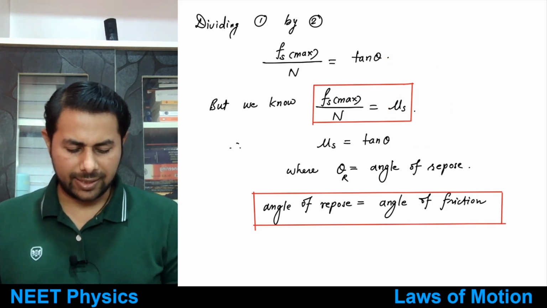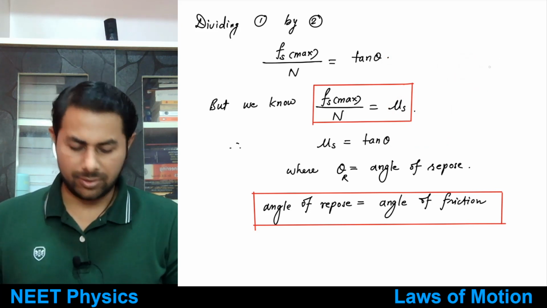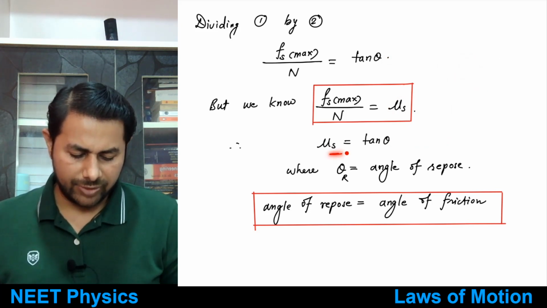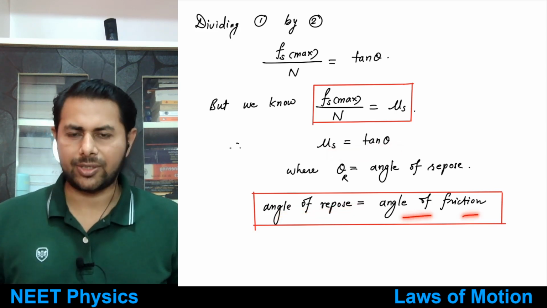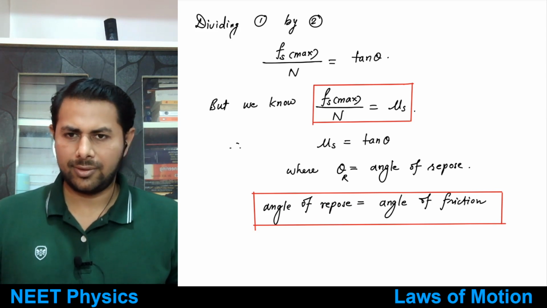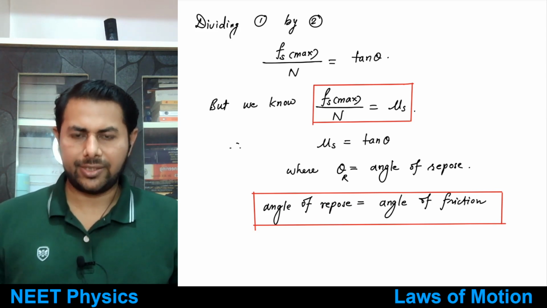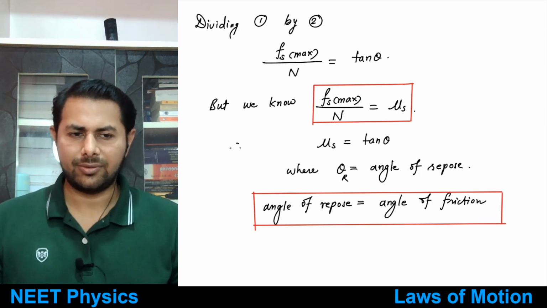This angle we are calling theta r, the angle of repose. And from here we get that the angle of repose is equal to the angle of friction. As I said, they come out to be equal, but their definitions are different.